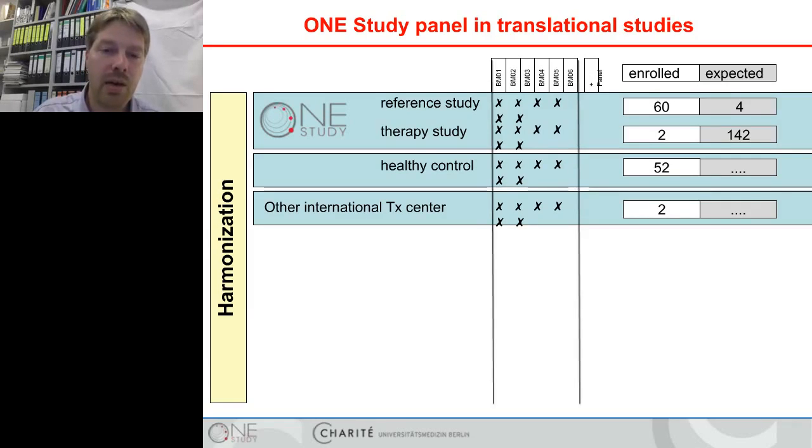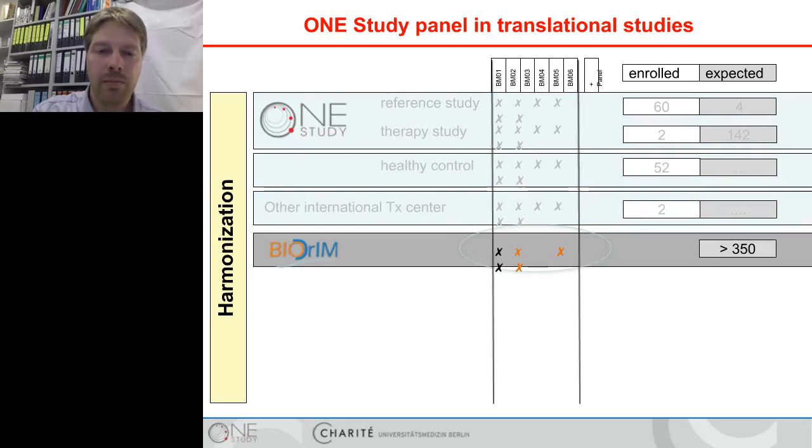Other international centers have now also applied the ONE Study panels, so we think we will have an increasing data pool. In the BioDRIM trial, we plan to enroll more than 350 patients, and we are using the same panels as the ONE Study and some of the improved panels.